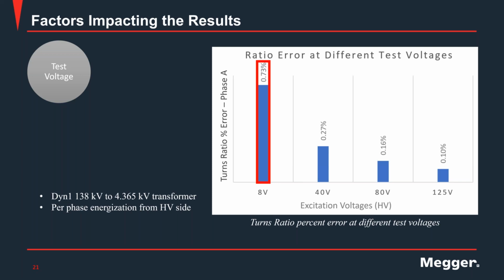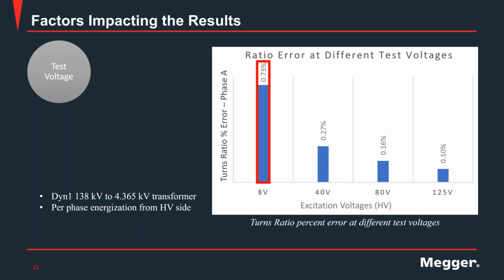And all transformers have a degree of voltage dependency, right? We are obviously not testing at rated voltage, right, which is 138 kV, with a much lower value, but the principle of operation doesn't change. It's just that, again, we are looking at a voltage dependency when we perform the test.